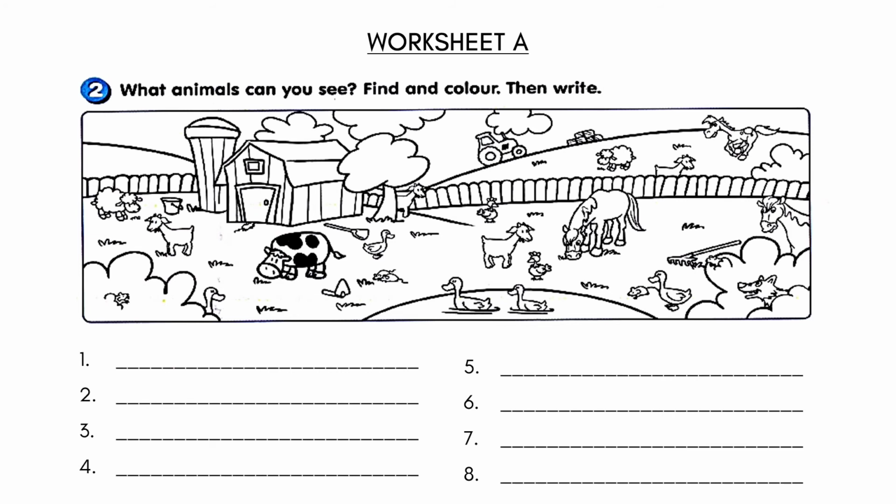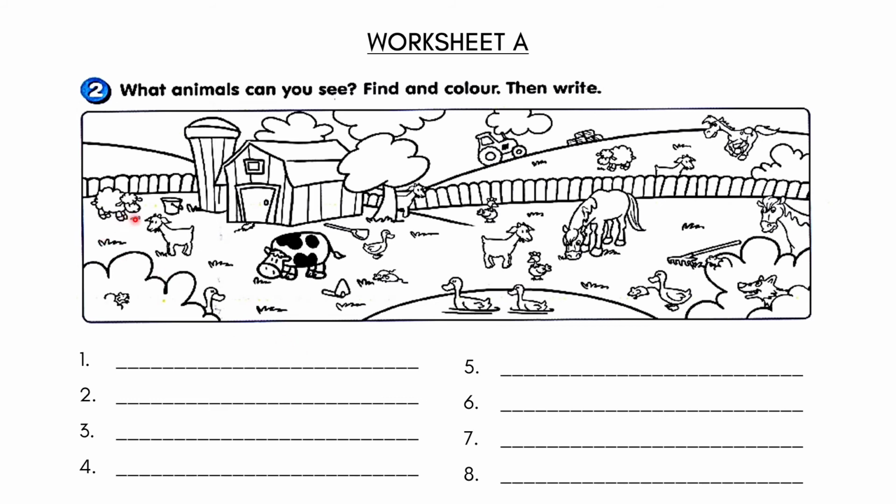Alright, children. So now I want to give you a worksheet. What is this picture showing? It is a farm, right? It is a big farm. That's right. Now tell me, what animals can you see on the farm? Let's start from here.